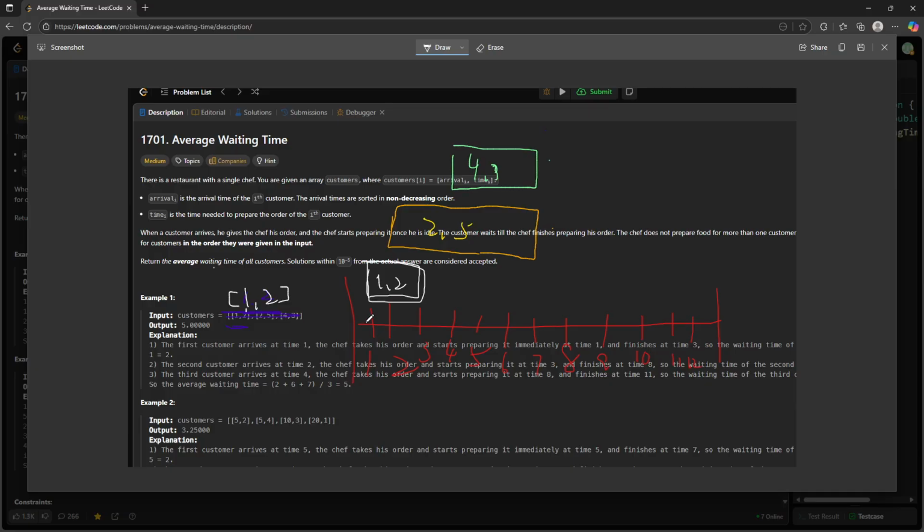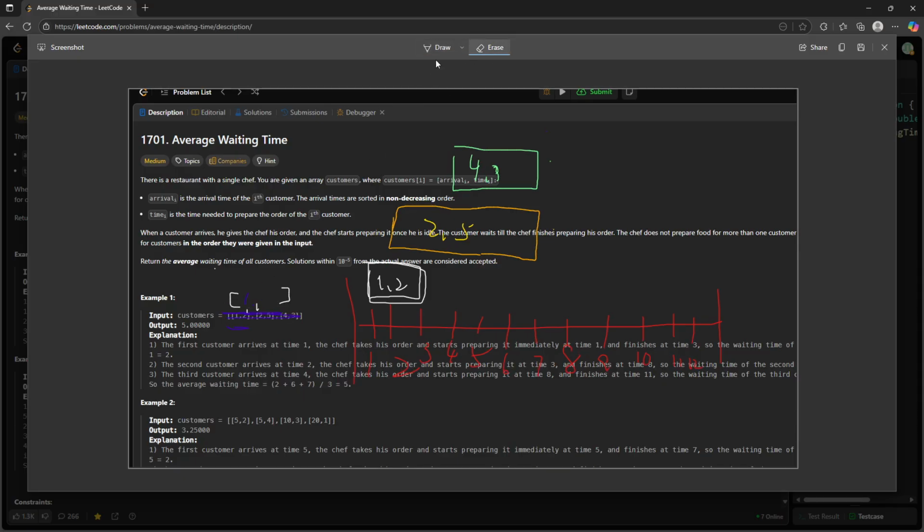The customer comes at time 1, waits 2 seconds, and the food will complete at time 3, right? So this is how it is for only one customer in the array. Now let's see if the only array is 2, 5.